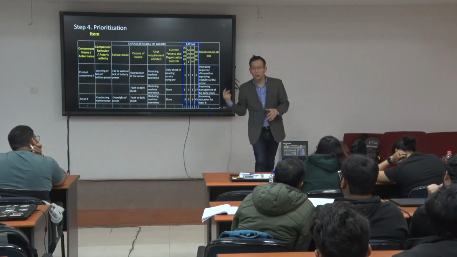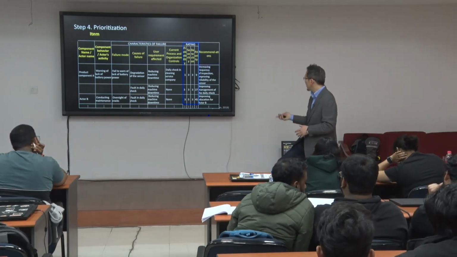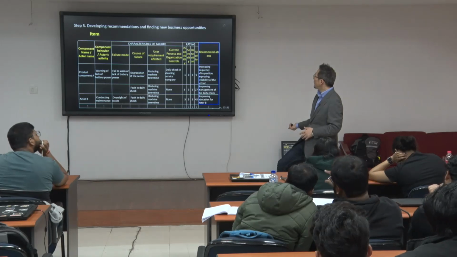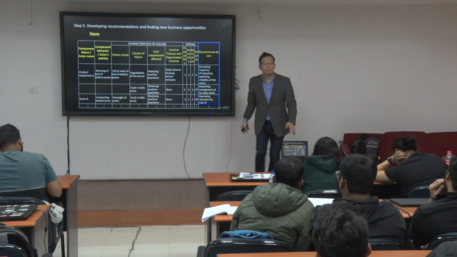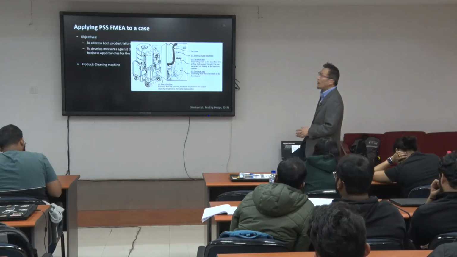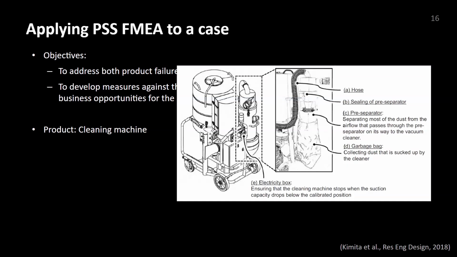And the last column is automatically calculated. And then in step 5, you describe the recommendations in the last column. Any questions so far? Because in the coming slides, I will use a specific example to go through the stepwise method.